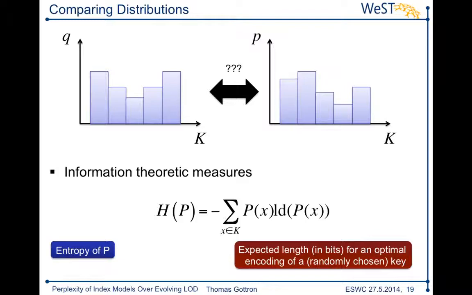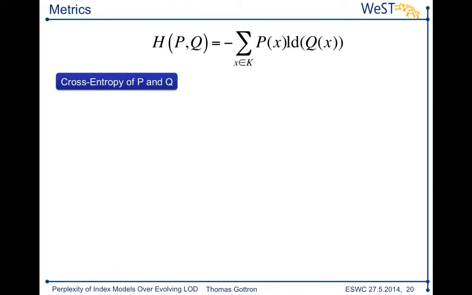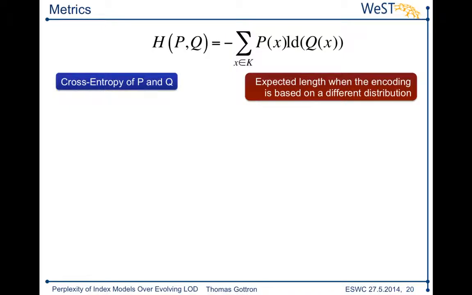in our case. Now, we are not dealing just with one distribution, but we have a distribution P, which we want to actually estimate from the distribution Q that we have seen in our index. And for that purpose, you've got cross entropy. Now, if entropy is giving you the optimal encoding length, then cross entropy tells you what is the expected length in an encoding if you don't know the true distribution of the keys, but just some alternative different distribution.